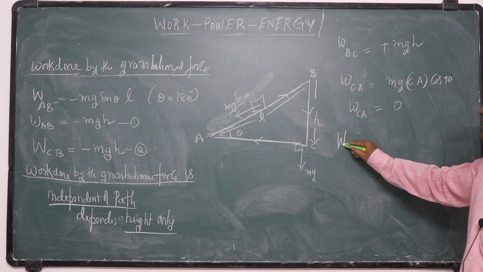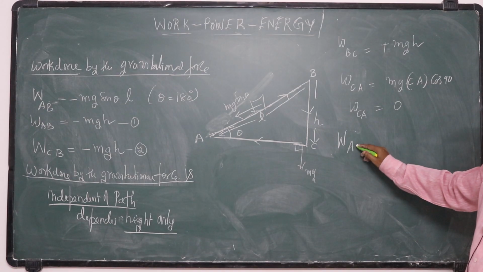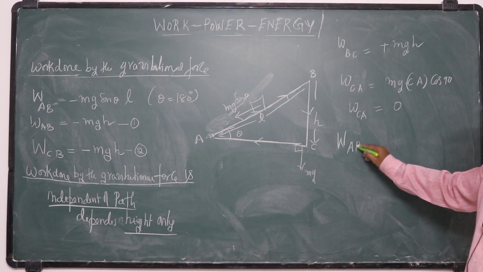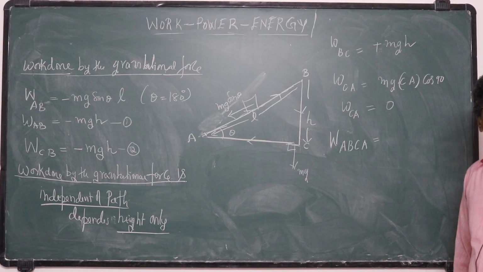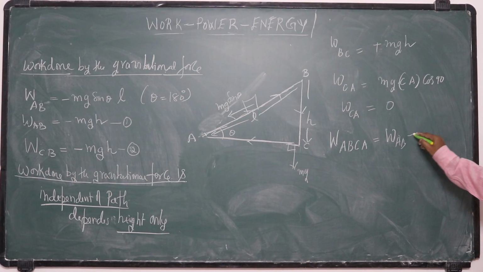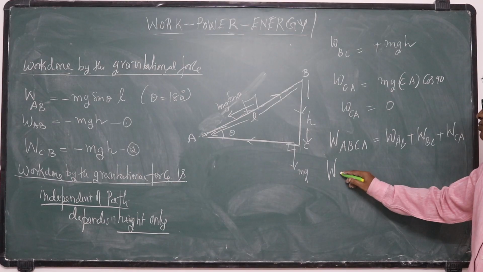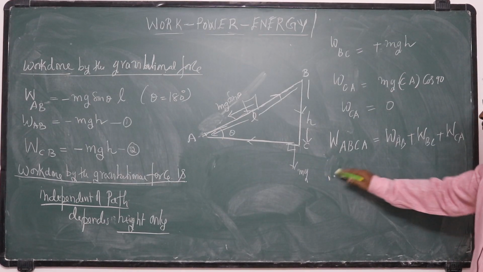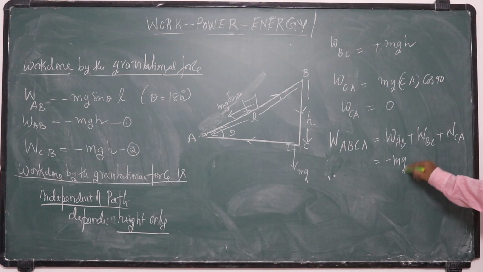So I want work done to move A to B, B to C, C to A. Work done to move A to B plus work done to move B to C plus work done to move C to A. Work done to move A to B is minus mgh.